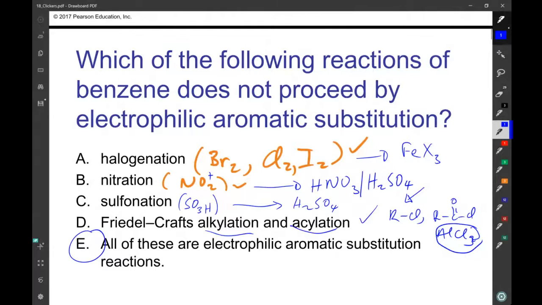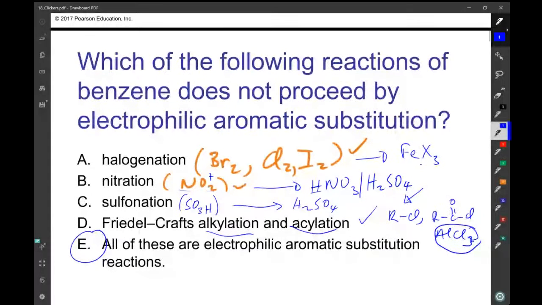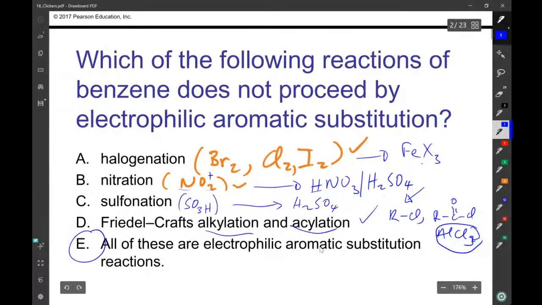Draw the benzene ring, how it reacts with bromine in the presence of iron bromide to give the product. Draw the benzene ring in the presence of nitric acid and sulfuric acid, then it gives you the product with NO2, and so on and so forth. That's basically what I want you to be able to remember for today: those different reactions, reactant and product. Does that make sense? Yeah.